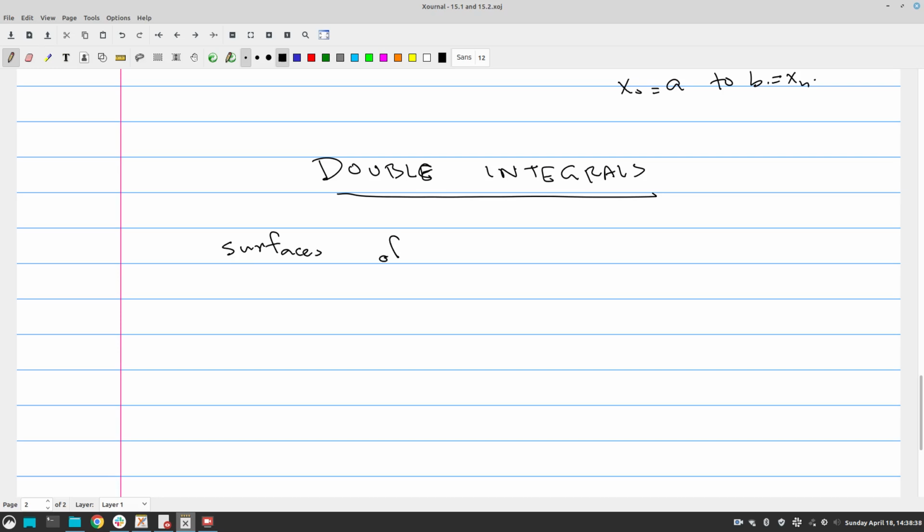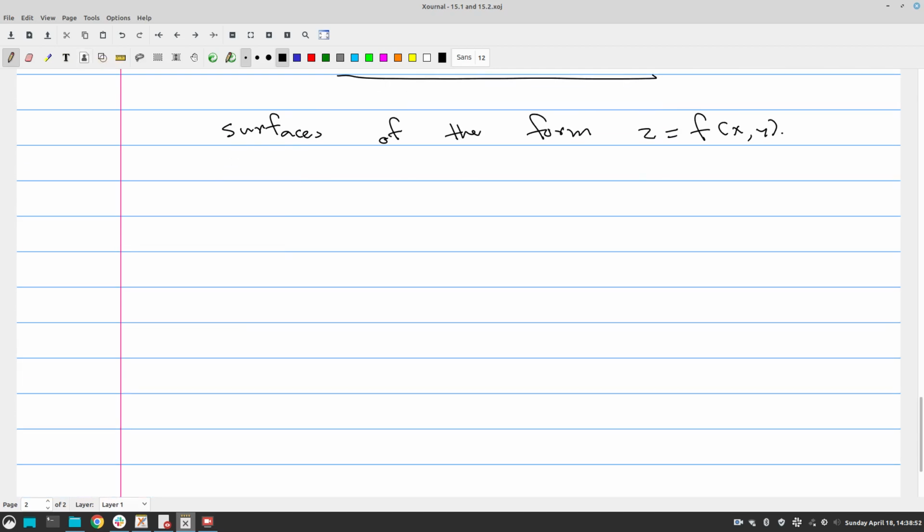Surfaces of the form z equals f of x, y, right? Something that looks like this is x, this is y, this is z.